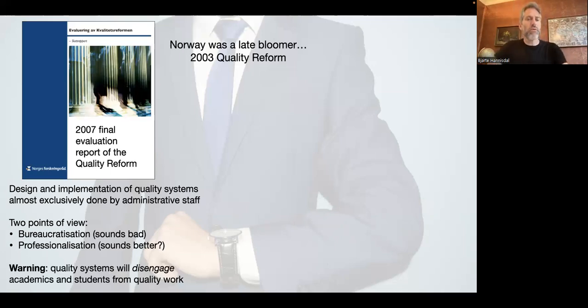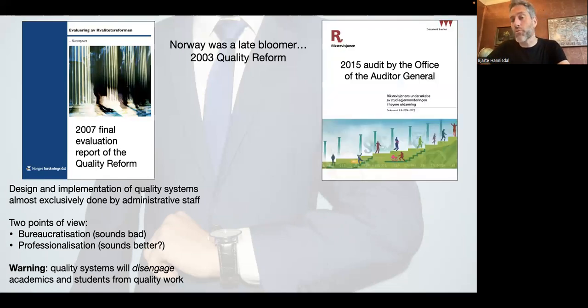And there's an explicit warning in this report. They say there is an absolute danger that these quality systems will disengage academics and students from quality work. And of course, there have been many other reports talking about the quality reform.